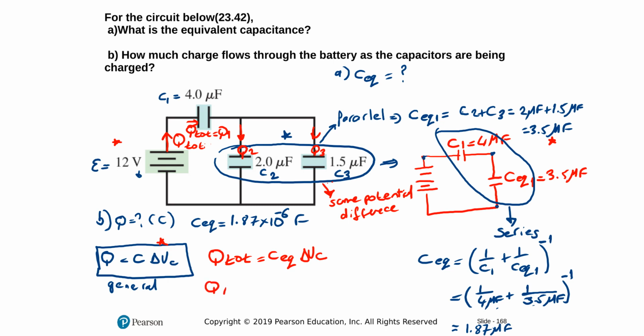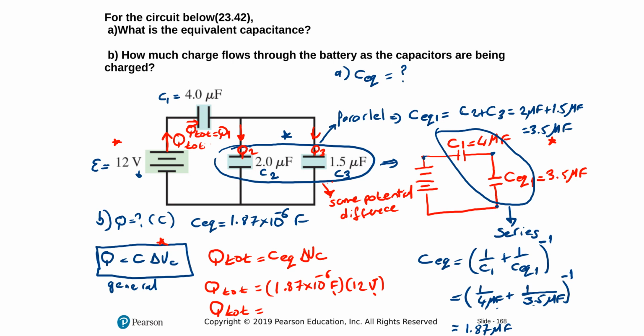So the total charge that my battery power supply provides to the system, or that flows through my power supply, is 1.87 times 10 to the -6 farad times 12 volt. In SI units, I'll get my Q total in coulomb.